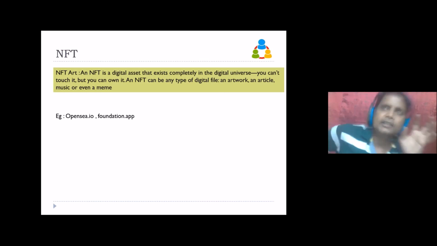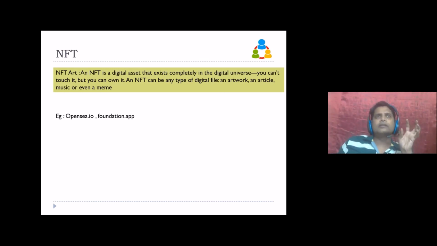So any person, there are platforms which help you to tokenize your digital asset. Digital asset meaning it can be digital art, or a music composition you have created, or a video you have created. You can sell it off. Okay, you can put your video onto sale.